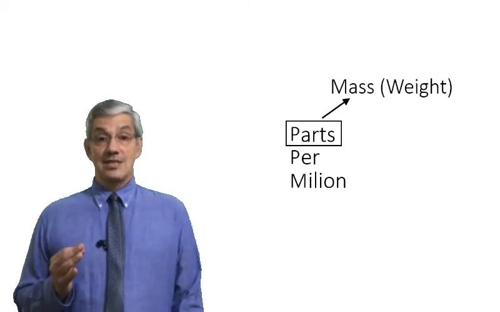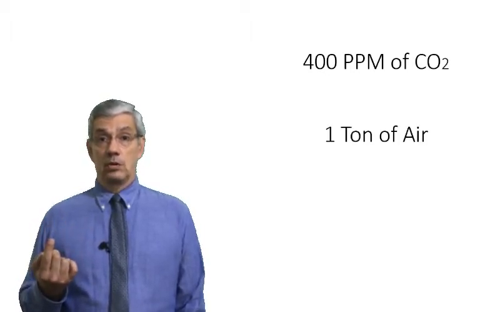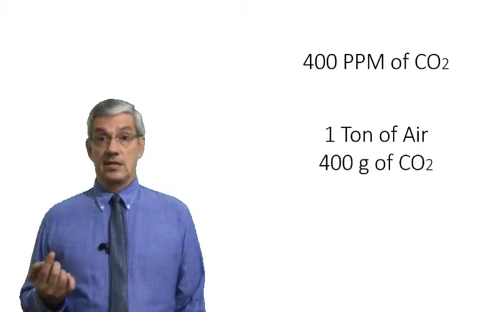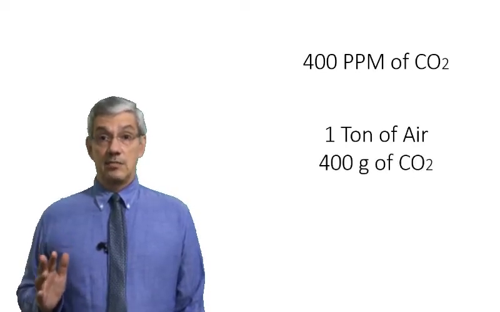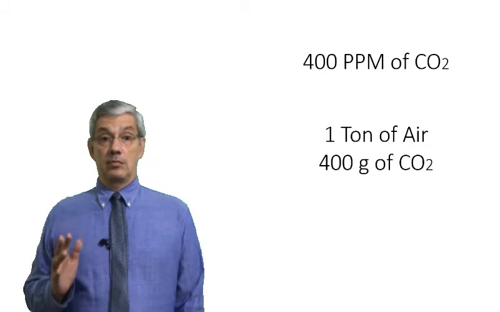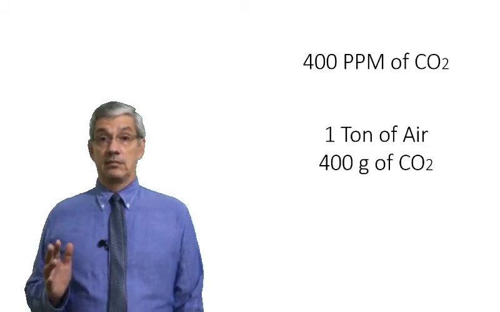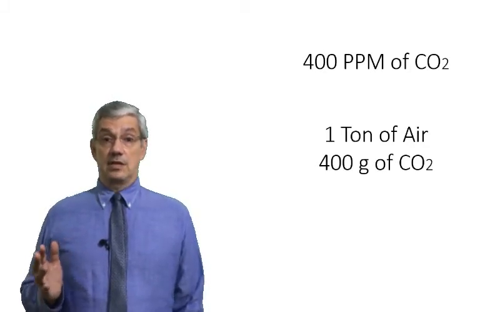So what does 400 ppm stand for? That means that 1 ton of air has 400 grams of carbon dioxide. Is that what it means?